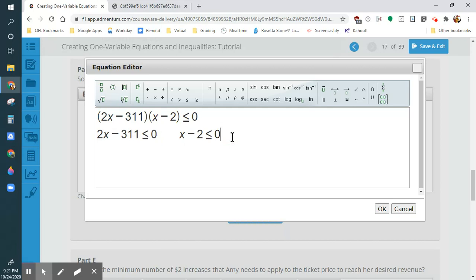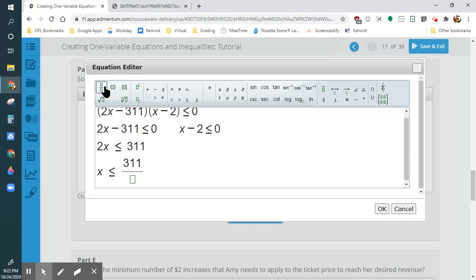So the first one we're going to get is 2x is less than or equal to 311. The next thing we're going to get is x is less than or equal to, I'm just going to leave it as a fraction, 311 divided by 2. And over here, we're going to get x is less than or equal to 2.